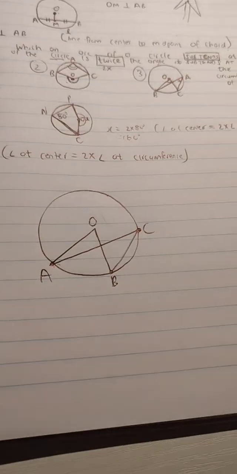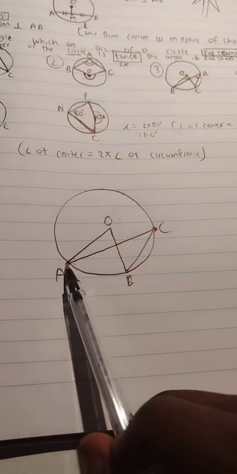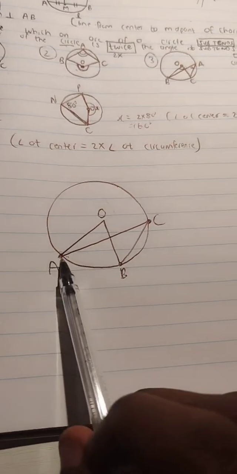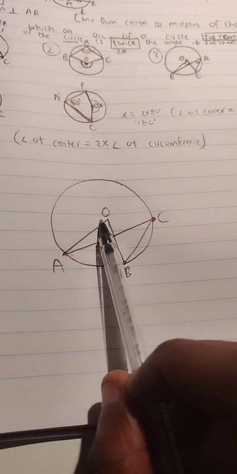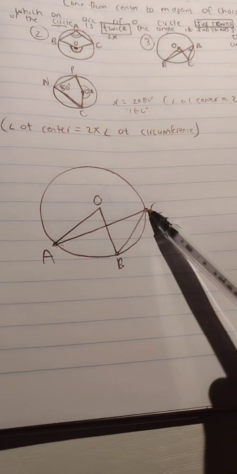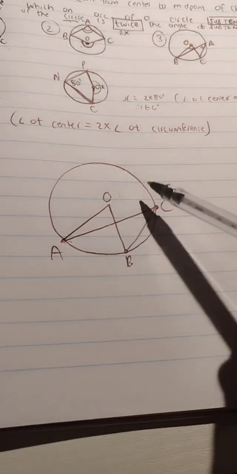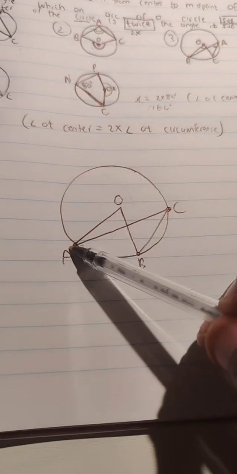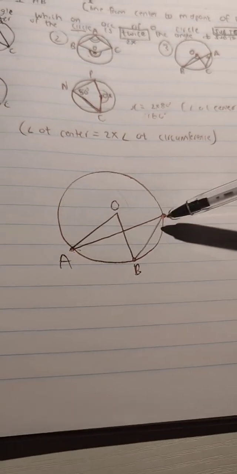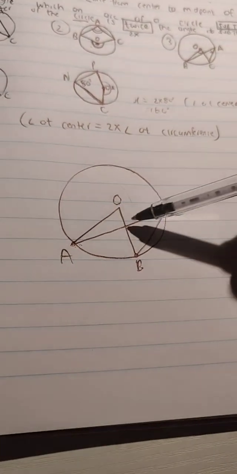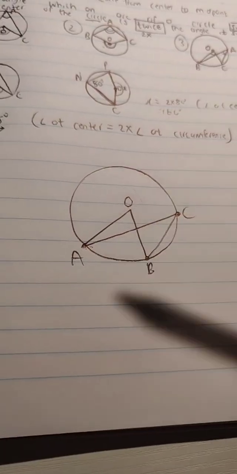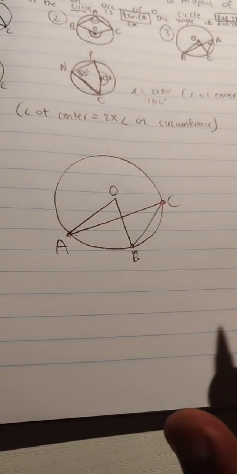Okay, so which angle is at the center? Arc AB is the only arc which subtends an angle at the center. Look at arc BC. It is subtending an angle here, but not at the center. Arc CA, you could say maybe it subtends, but it's not really helping much, because arc CA does not subtend any other specific angle at the circumference.